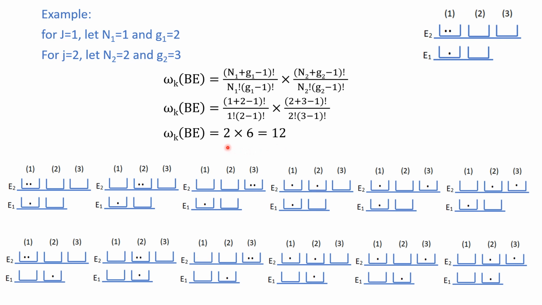That is, there are 2 possible microstates for the energy level E1 and 6 possible states for the energy level E2. So that is why we multiply, and this gives us the total number of microstates for this particular macrostate, which consists of the 2 energy levels.